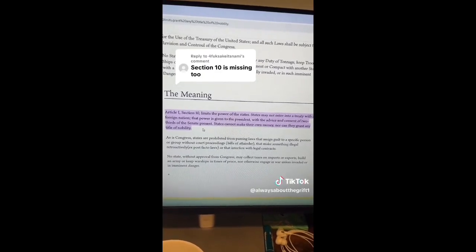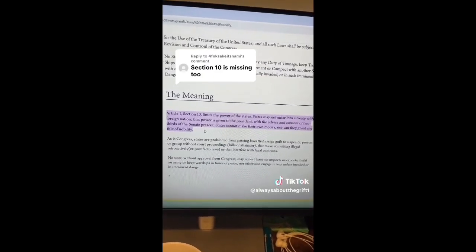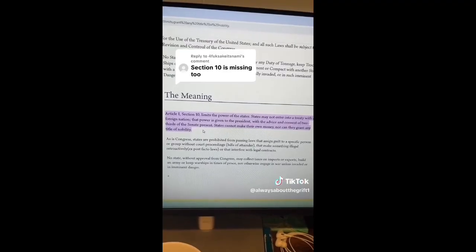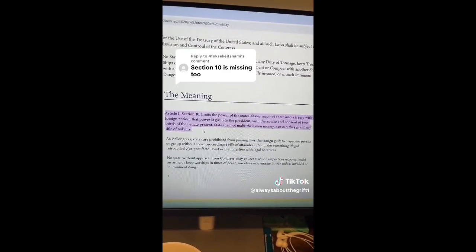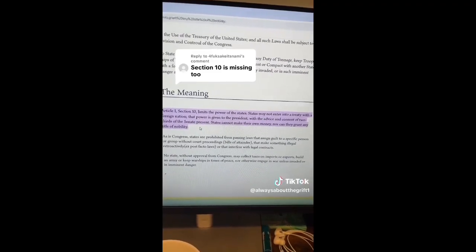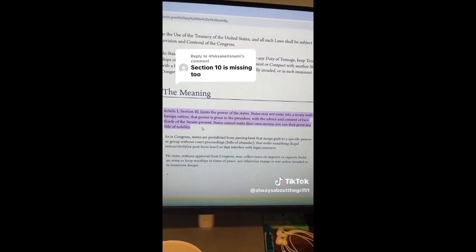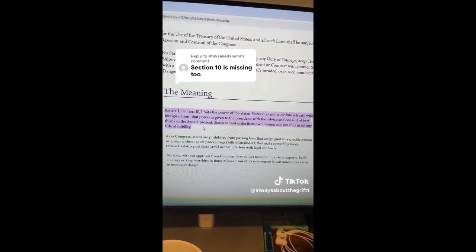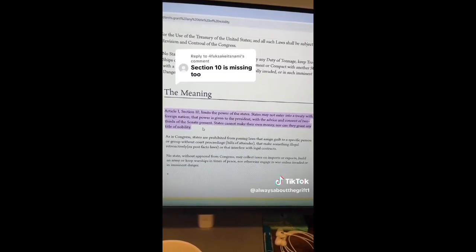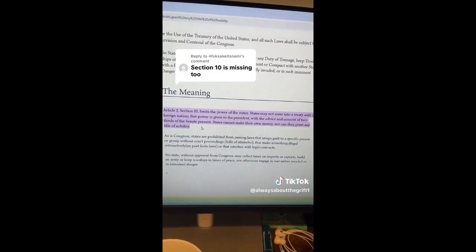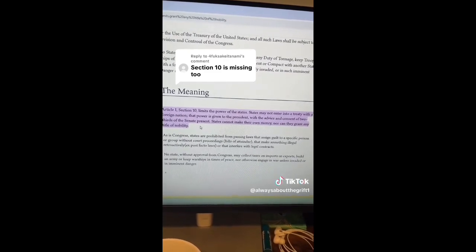So in thinking about why Donald Trump would remove things that limit the power of the states, I have to imagine he might be thinking of specific states in this case, and removing this or hiding it to perhaps make it easier to do things that they were not previously allowed to do. So let me know your thoughts, guys.